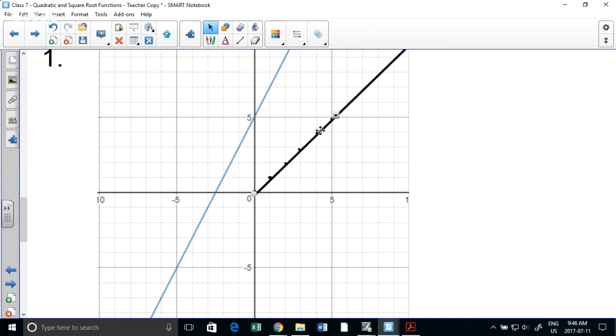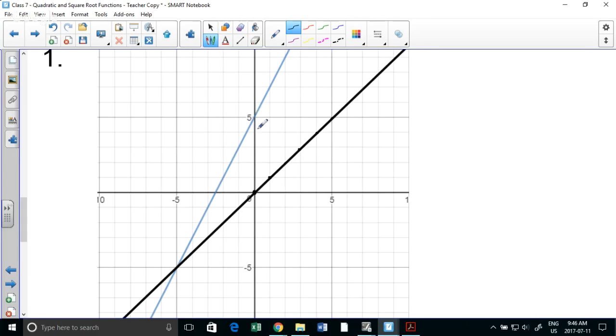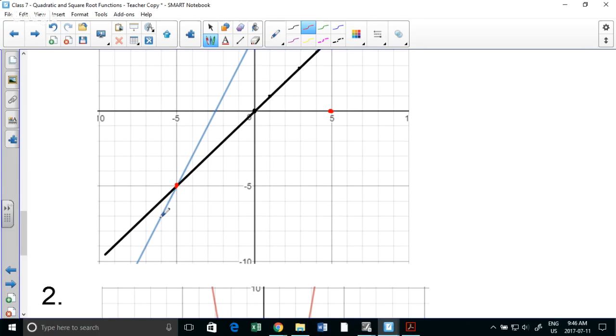So like I said, graphically speaking, if you're just drawing a sketch here, you see this one would go here, and this one would stay the same, but this one would go here.